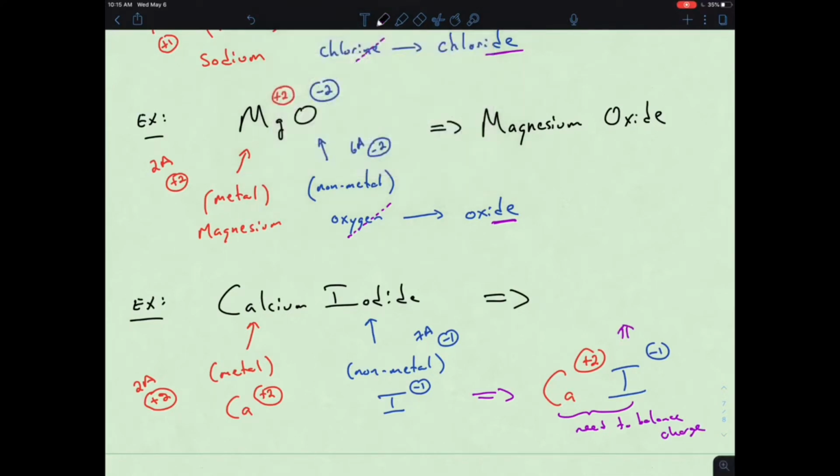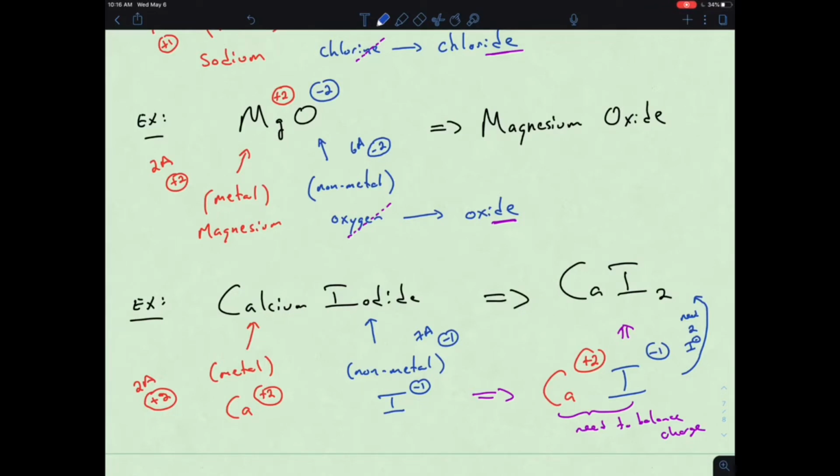And so that's why we end up with an ionic molecule that looks like this, where we have the calcium as a +2, the iodide is the -1, but there's actually 2 of them there. And so that's why we need 2 iodides. Right, we need 2 of them.